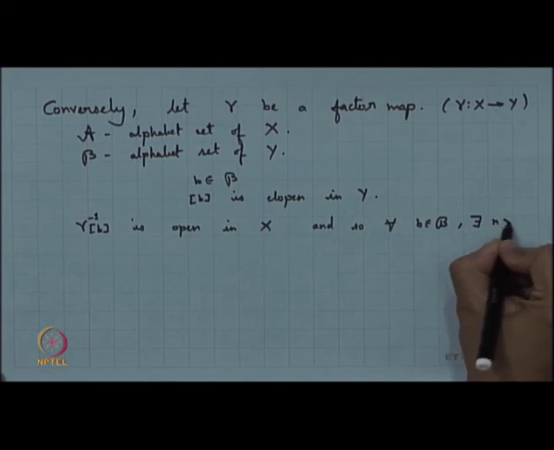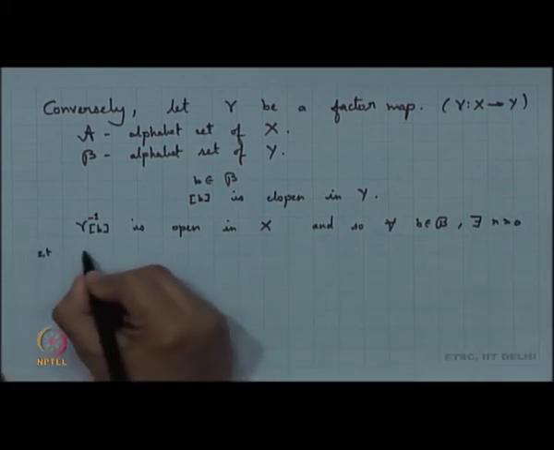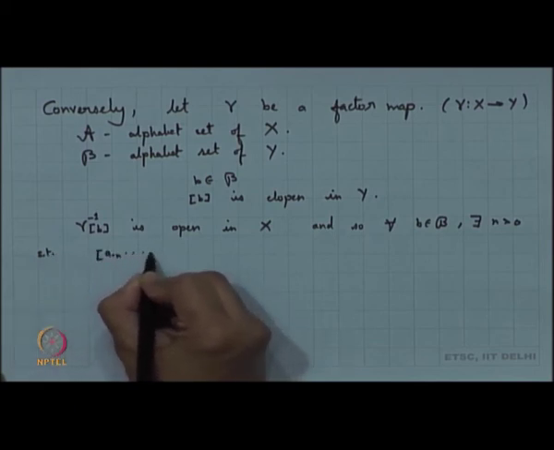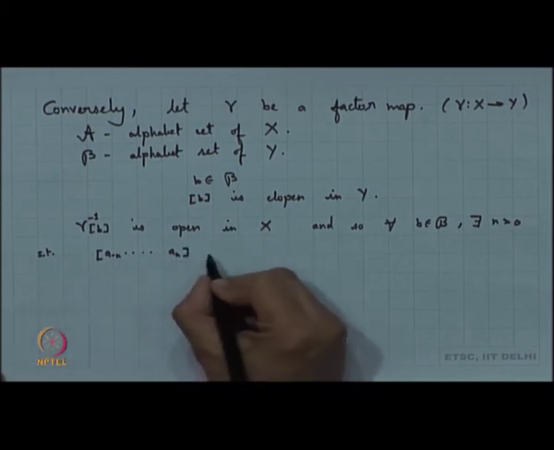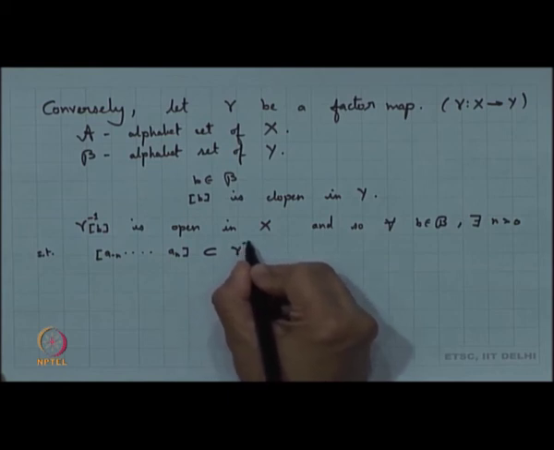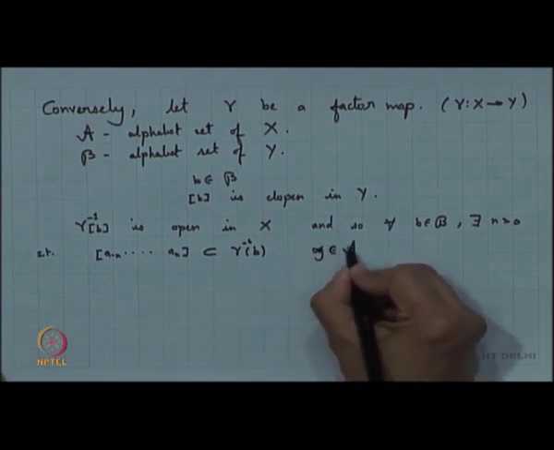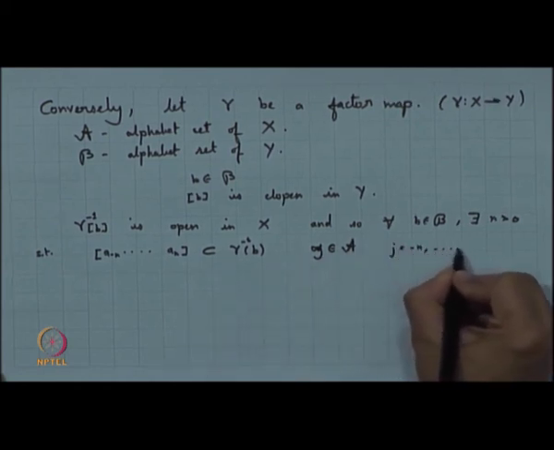there exists an n positive such that there is some cylinder set A minus n up to A n which is contained in gamma inverse b, where Aj belongs to A for all j from minus n to n.